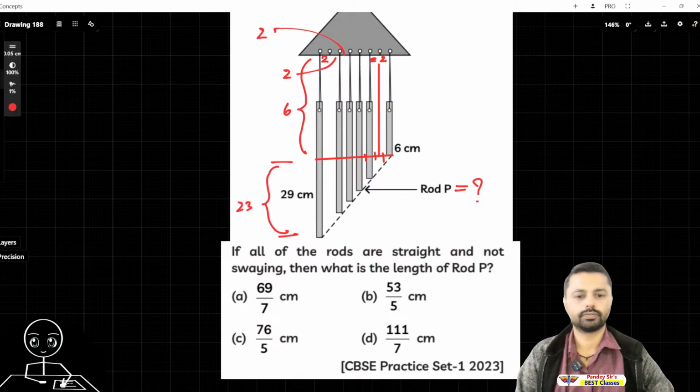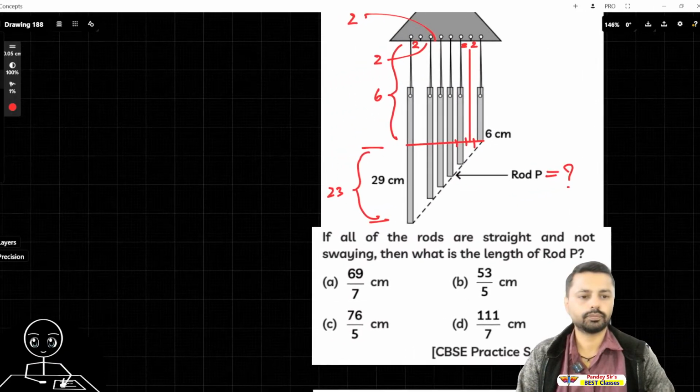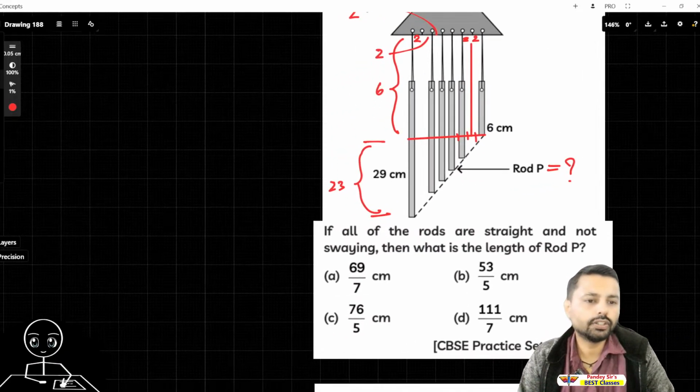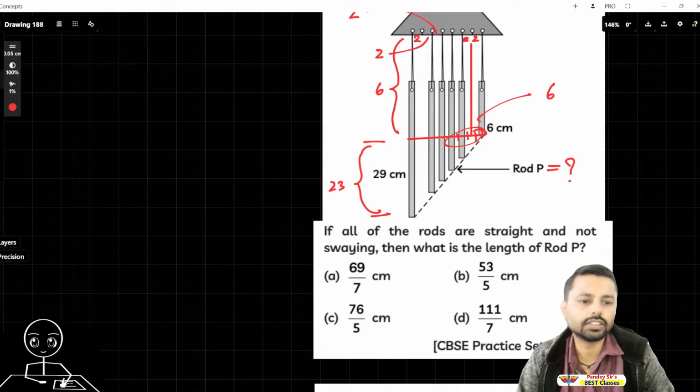Yes. So here to here is 6. Anything else they have given? Yes. Let's find out here to here also. So the gap will be 1, 1, 2, 3, 4. So 2 fours are 8. So this must be 8.